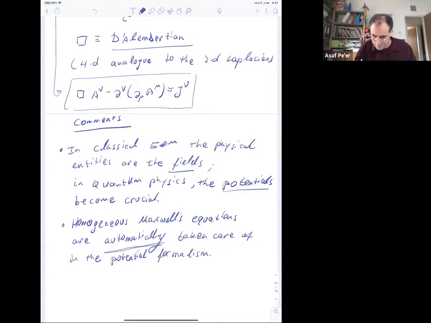Really, the potentials are not just nice mathematical entities, but they become quite crucial when we're doing QED. I still need to do the gauge transformation, but this will take another 10 minutes, so maybe it's better to skip it to next week, and then we can start quantizing things.